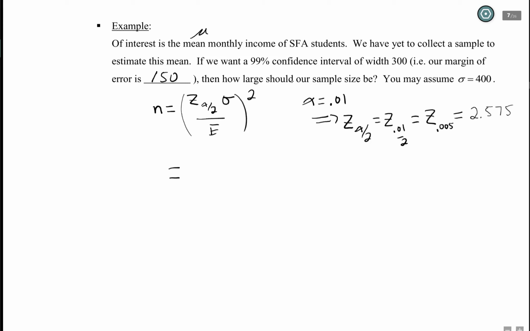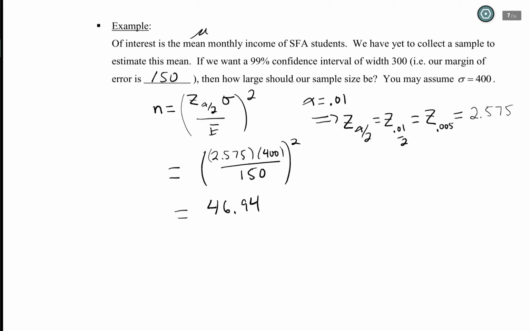So plugging in here, I'm going to have 2.575 as my z value. Sigma is 400 and E is 150, right? That's the margin of error. If I square that, you do the arithmetic here, you should get 46.94. In terms of sample size determination, the rule of thumb is to always round up.